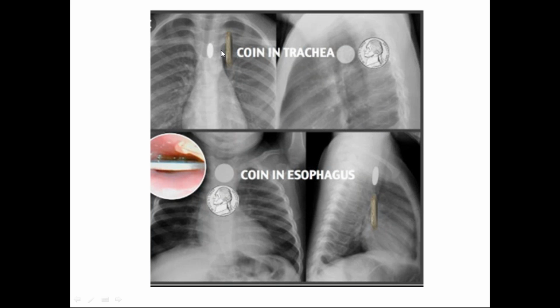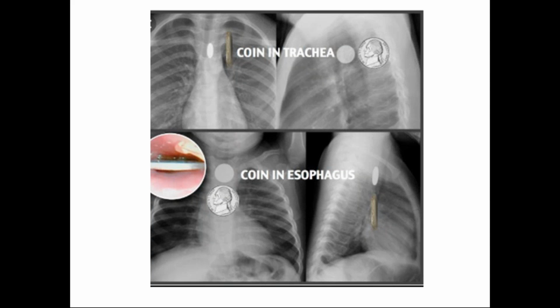We take an AP radiograph, and if the long diameter of the coin is in the AP diameter, since the trachea is also long in the AP diameter rather than transverse due to its cartilaginous rings, the coin will appear to be standing on its end.